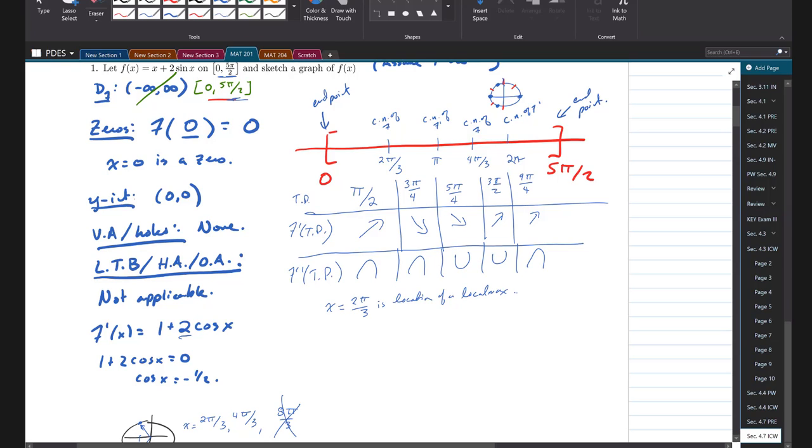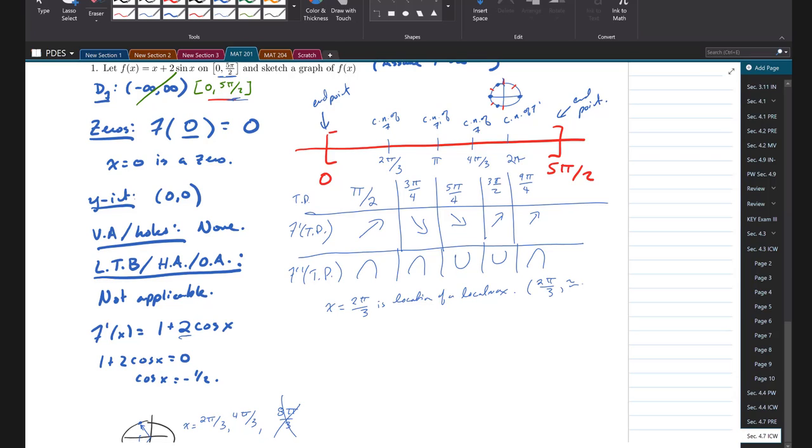If I plug that into a calculator, that's going to give me the ordered pair 2 pi over 3, and then I'm just going to give a decimal approximation, folks. F of 2 pi over 3, I get about 3.83.